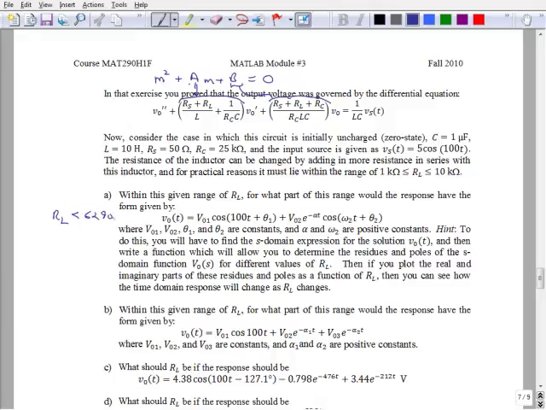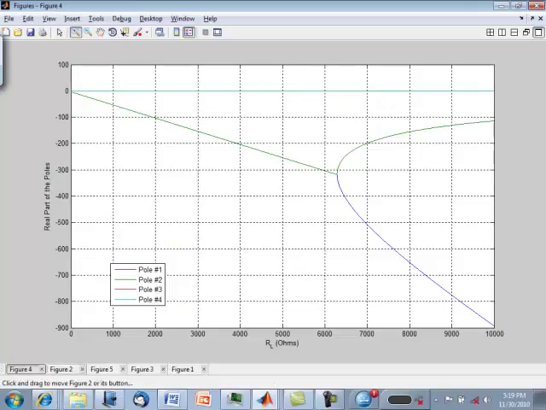Very simply in MATLAB you can see that you can change this response by just adjusting what your RL is. Now if you're looking for RL to produce a specific response, let's say minus 212 and minus 476, then we can go back, and what we're looking for is 212, so we want something in this range.